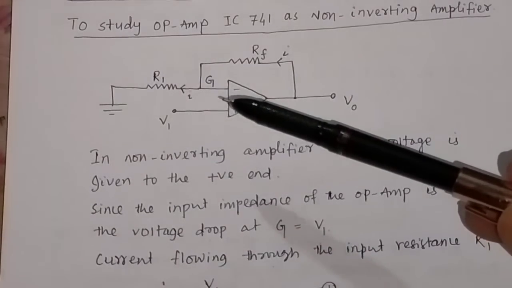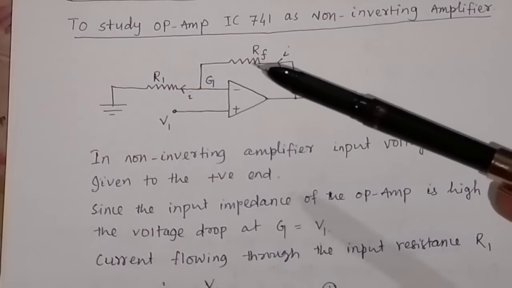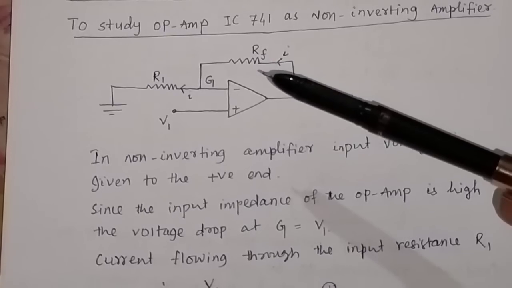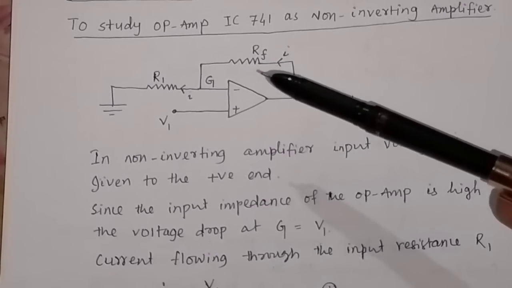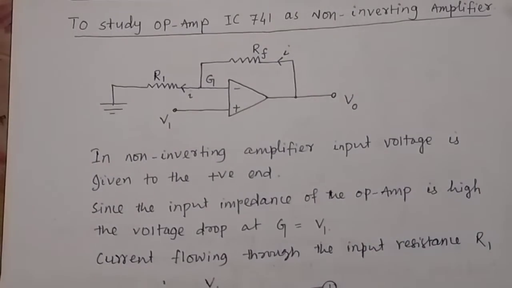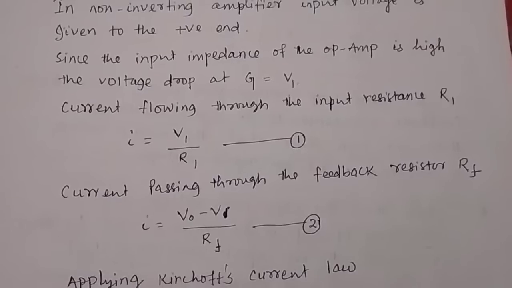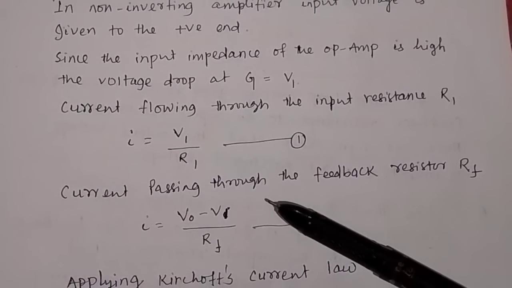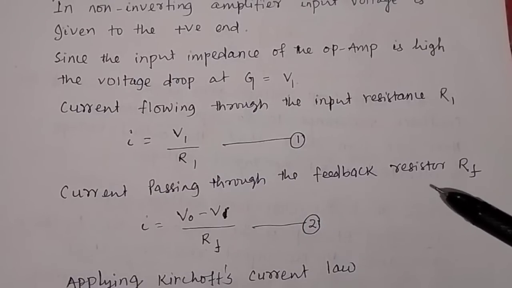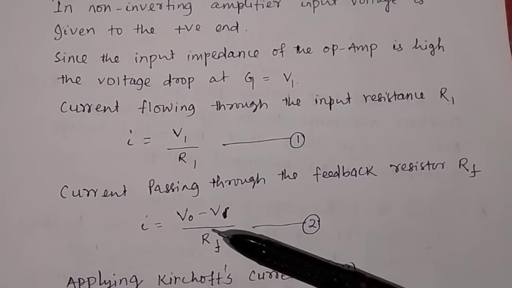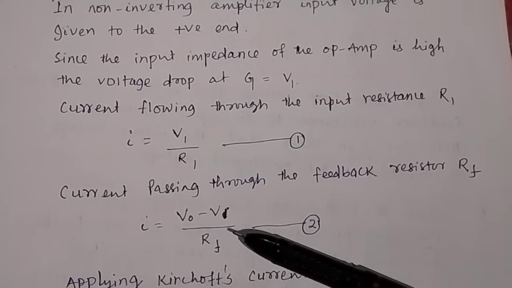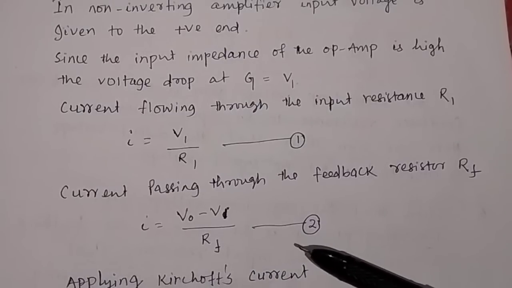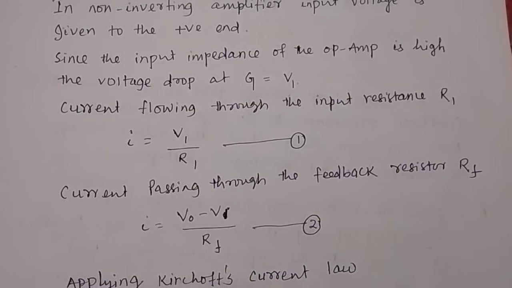V0 minus V1 divided by the resistance RF will give you the current through the feedback resistor RF. So you can write the equation for the current through the feedback resistor RF: I equal to V0 minus V1 divided by RF. Suppose this is equation 2.